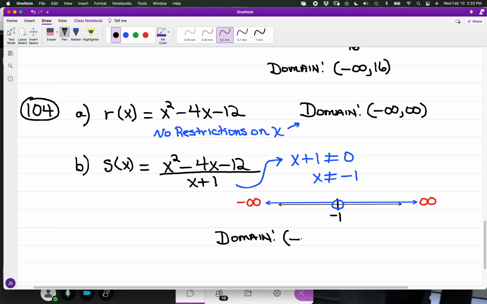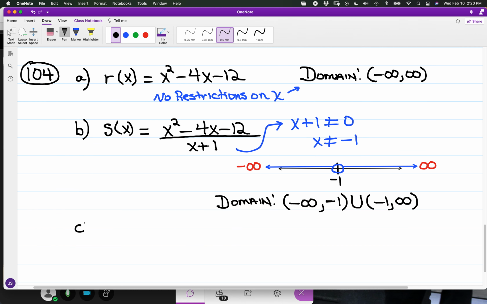Representing those values of x less than negative 1, we have parentheses around negative infinity and negative 1. Then this subset is in union with the subset of values greater than negative 1, symbolized by parentheses around negative 1 and infinity.